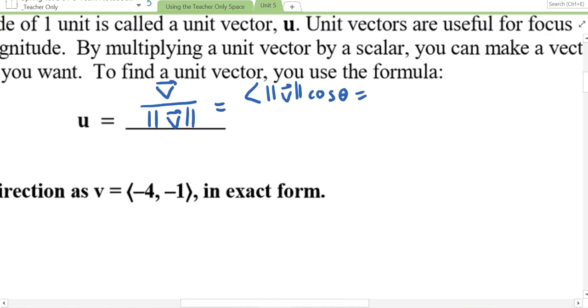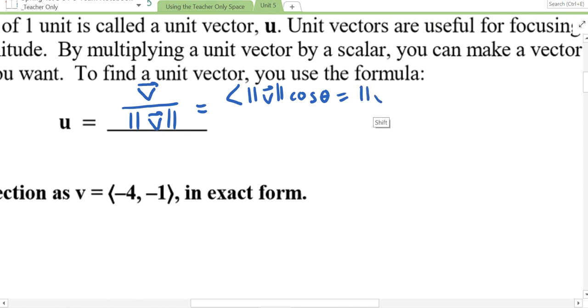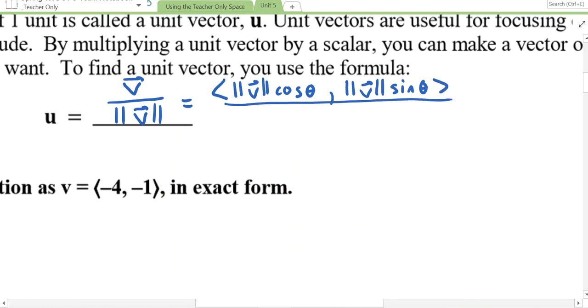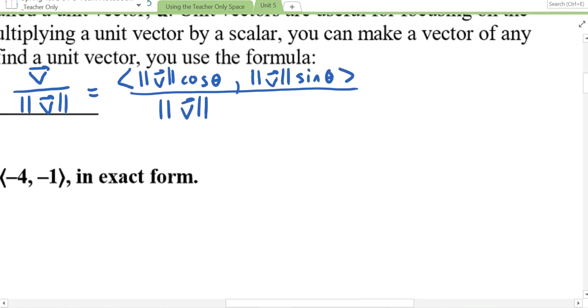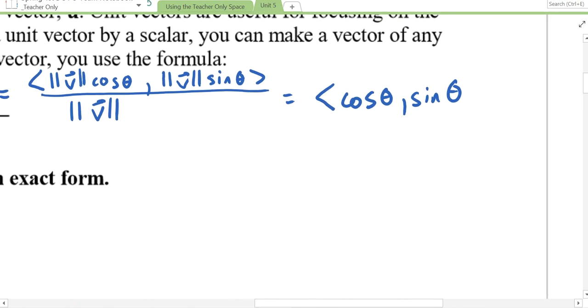And it is the magnitude of the vector v times the sine of the angle, for the y component. Remember we did that? Then you just divide by the magnitude. As you can see, when you divide each component by the magnitude, what does this simplify down to? It just simplifies down to cosine of the angle, sine of the angle.